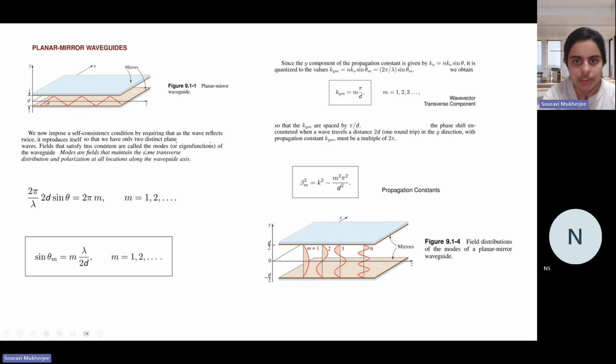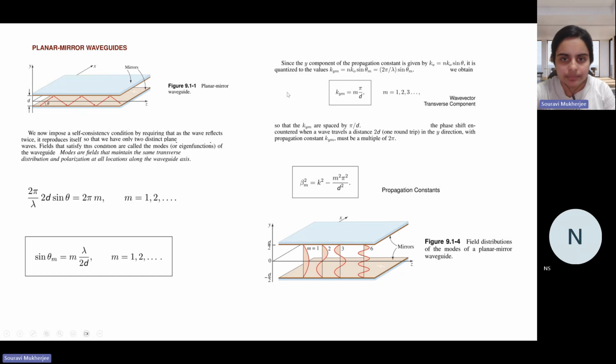If you put that relation here, you see that the wave vector ky m is an integral multiple of pi by d. This tells us how the transverse component of the wave vector should look. This is for the case where you have TEM waves propagating between these two surfaces. Here you're only considering that the self-consistency relation should be satisfied as they have multiple reflections.